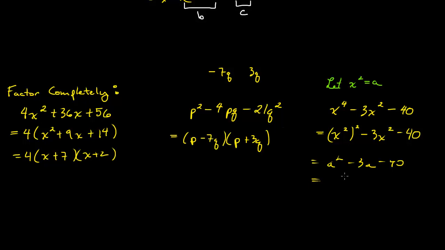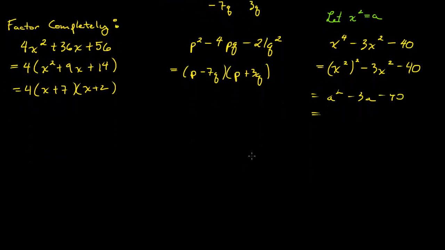Now this is a trinomial with a coefficient of 1 beside the quadratic term. I can factor this by asking what two numbers multiply to negative 40 and add to negative 3. Those would be negative 8 and positive 5.